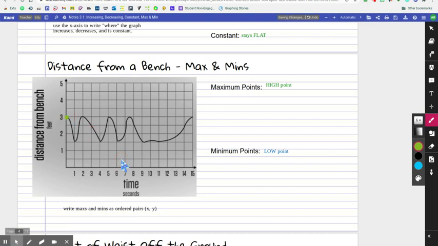What's the next time we see a peak occurring time-wise? At 2 seconds. What's the next time we see a peak occur? 5.